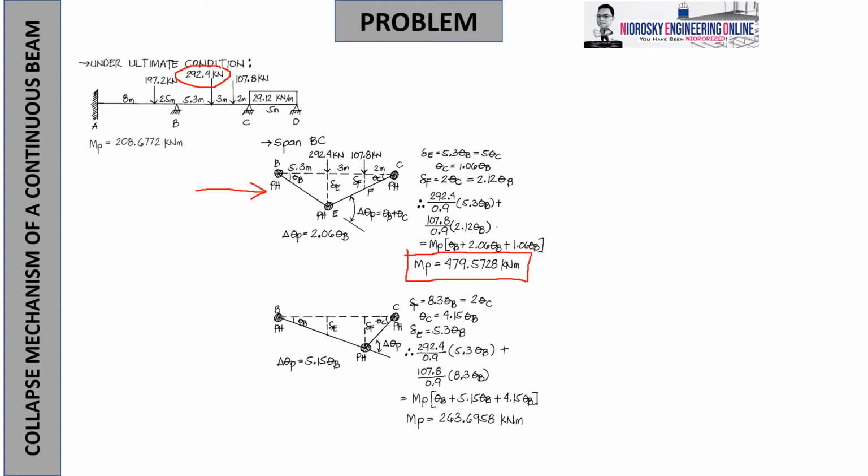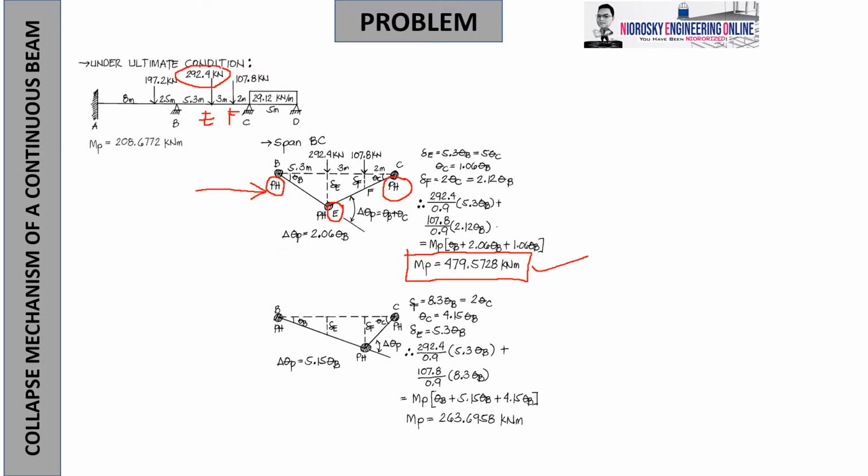Note that for all of the points B, C, and E, I designate point E below the load 292.4 and letter F below the 107.8 kilonewton, so that it would be nice for us to calculate that way, with designation of letters, so we won't have difficulty as we calculate. So delta E represents the load deflection caused by 292.4, and delta F is the same for 107.8 kilonewton. So therefore, you will have this 479.5728.